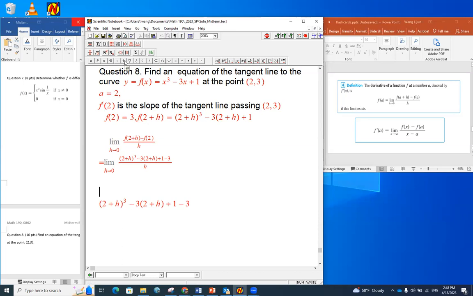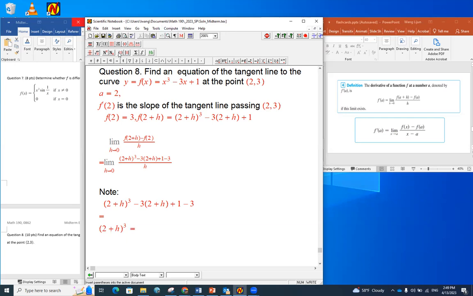You can do this on the scratch paper. So we bring the numerator. This is the algebraic part, right? 2 plus h to the power 3, and you can do 2 plus h to the power 2 times 2 plus h. You just do it directly. Just FOIL it.